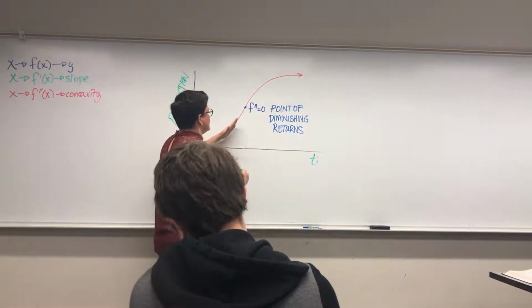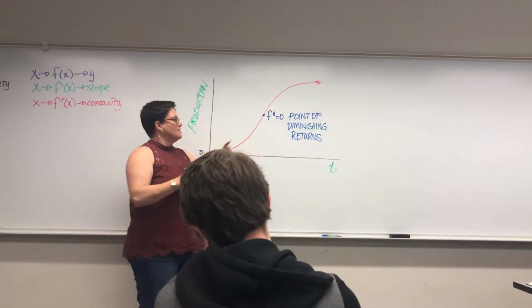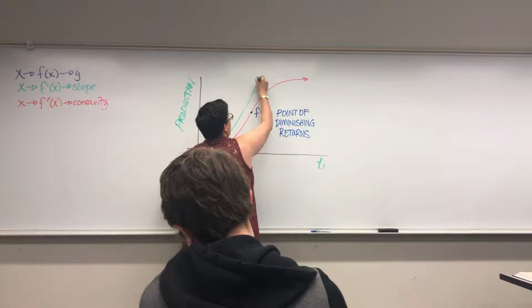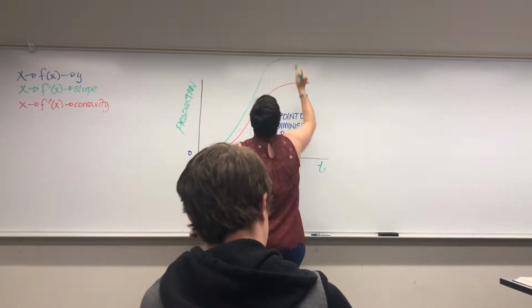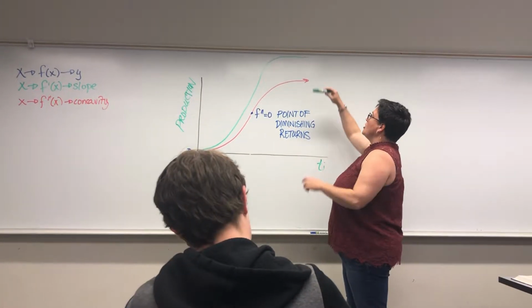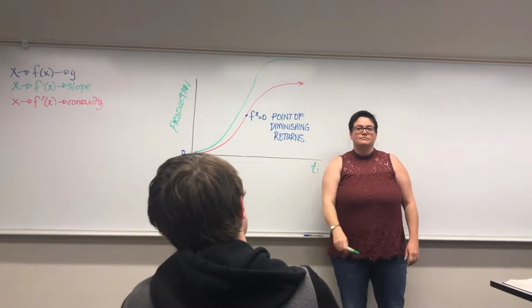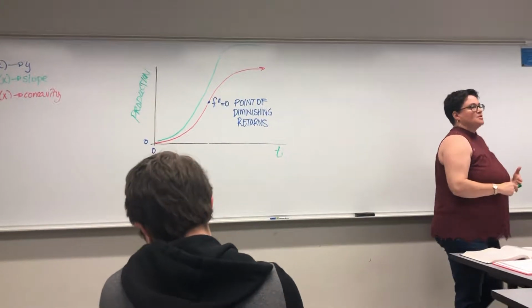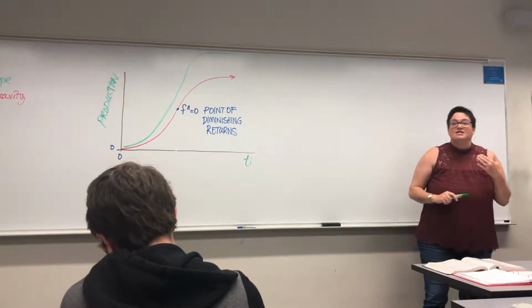Where are you working best? Right there. So what if you could expand that slope longer? What would your overall production do? Go up. So this is an oversimplified version of what efficiency experts do, but they make a ton of money doing it.